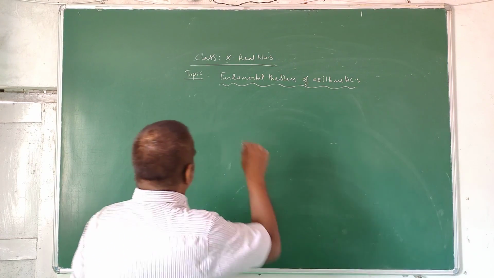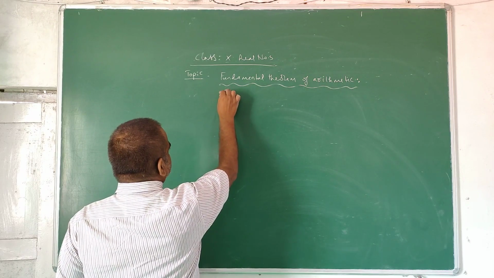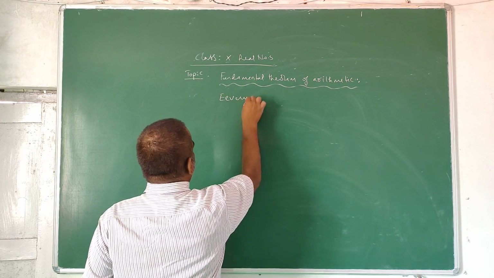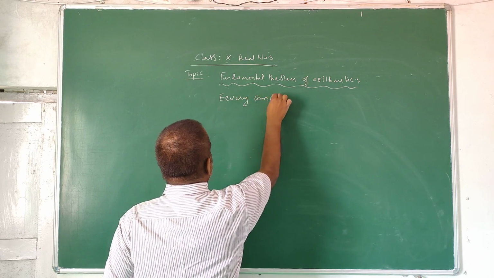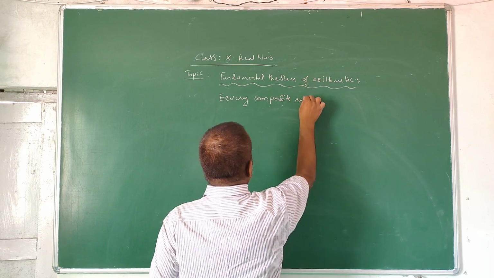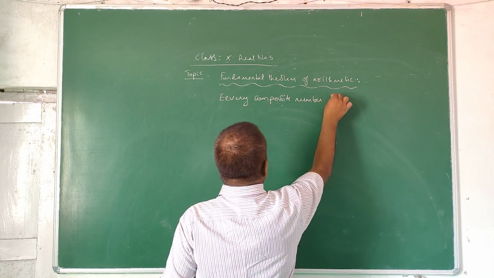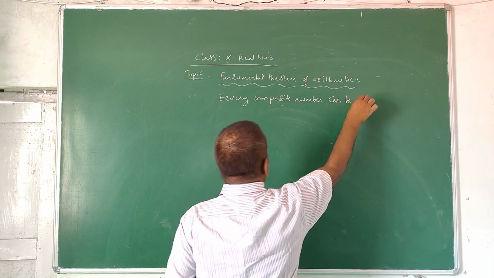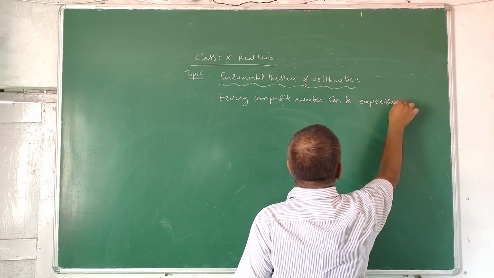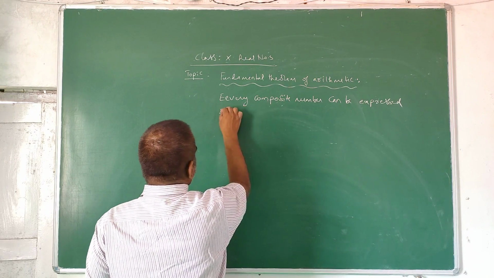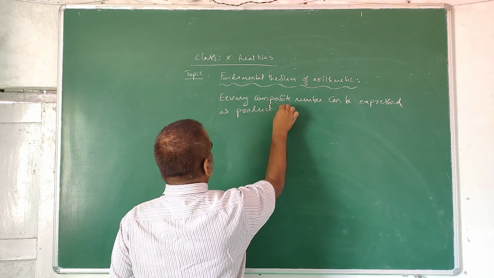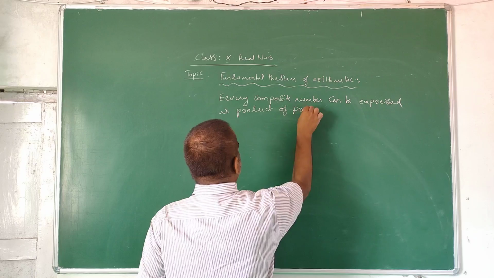So the definition is: every composite number can be expressed as a product of prime factors.